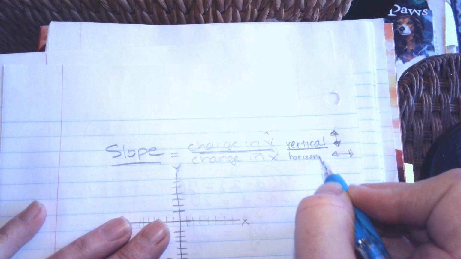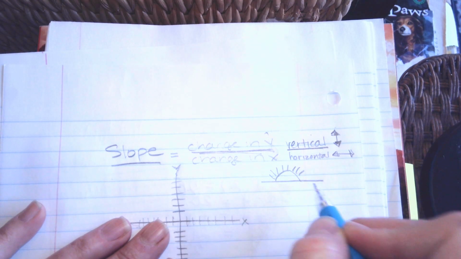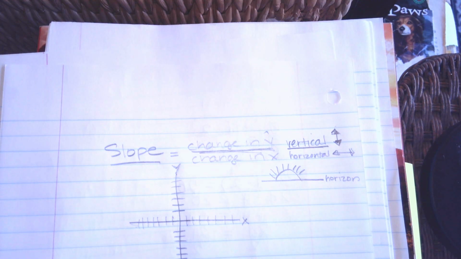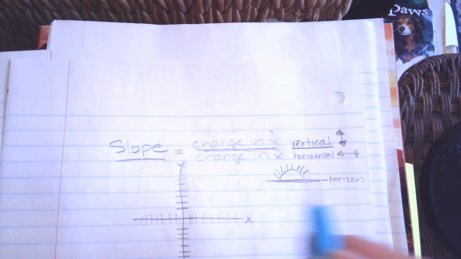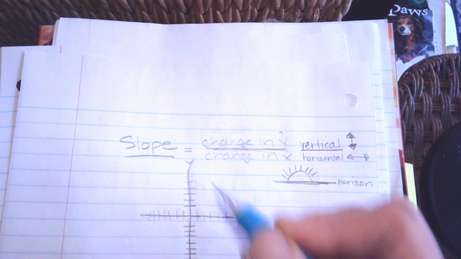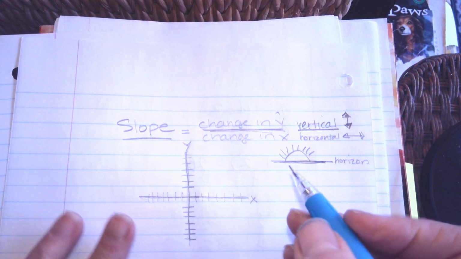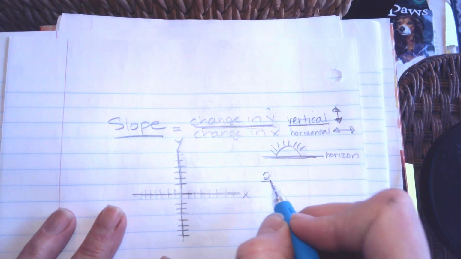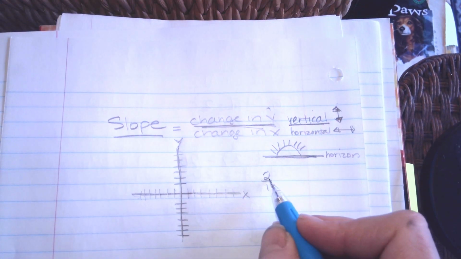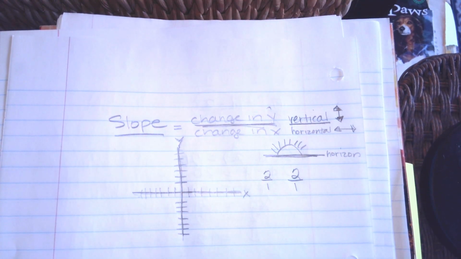And if you get confused, just remember when you see a sunset at the beach, this is the horizon. So this is the horizontal line, which is this right here. And this is the vertical line, and that's called y. So what this means is, suppose you have a slope of 2 over 1. It's always expressed as a fraction. And if it just says a slope of 2, you make it into a fraction like that.